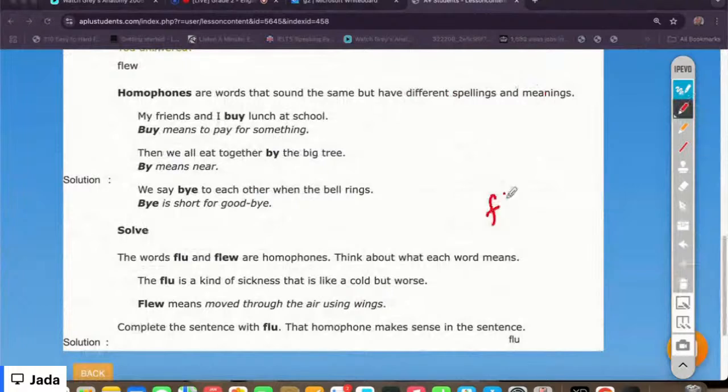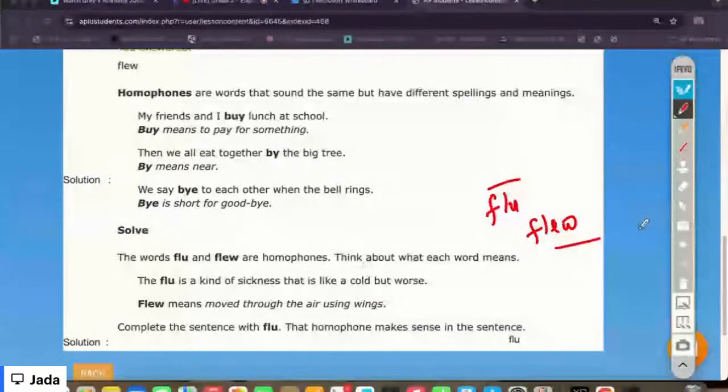So flew or flu, which one? Flew is when you move through the air, like with wings, flying. And flu is a kind of sickness that is like a cold. So when you have the flu, it's like you have a cold.